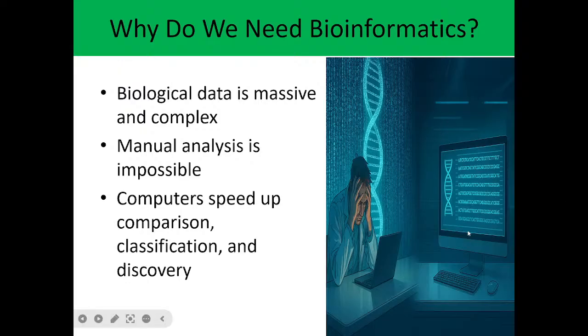Just like you see in the image, this man is already worried. He has his face to his computer, and why is he worried? He is worried because of the enormity of the data, the greatness of that data, the diversity of that data, and that's why this man is holding fast to his head.